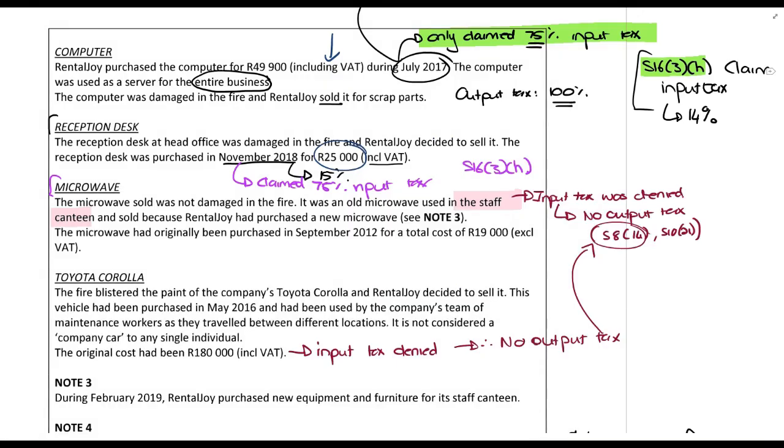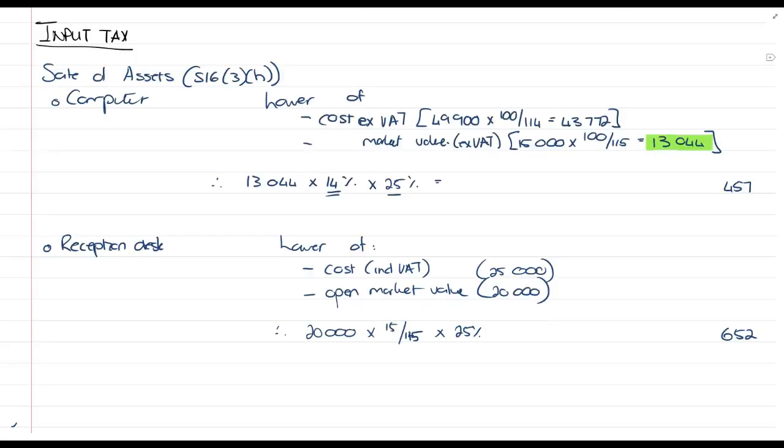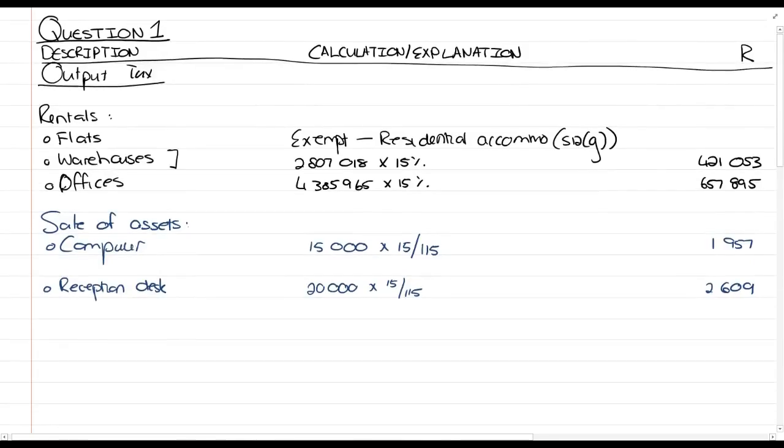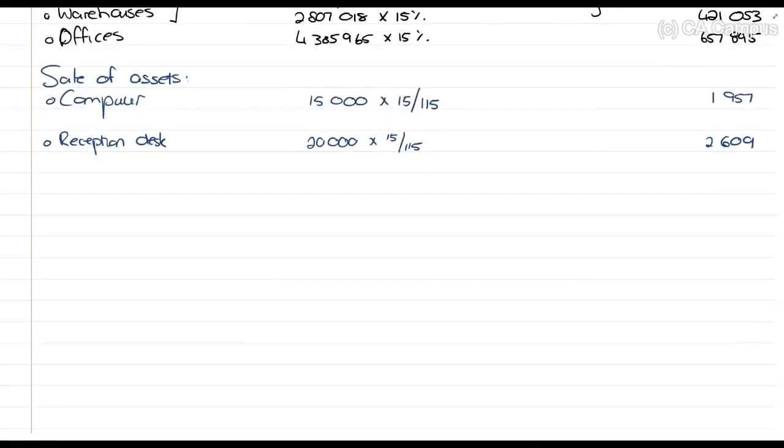Then we sell the microwave and the Toyota Corolla, and in both of those situations, can you remember what we said? Input tax was denied when it was purchased, so therefore there will be no output tax. So we have to go and show this and just explain this. So we go back to our output tax. So here we have our microwave.